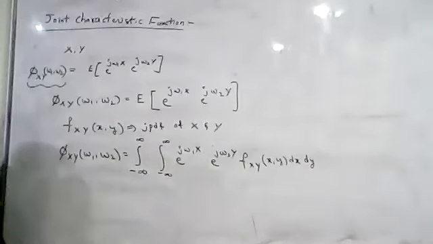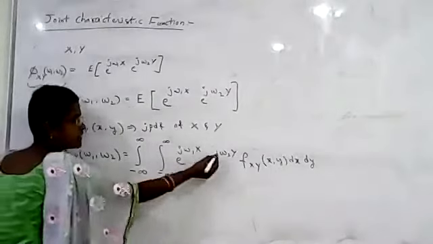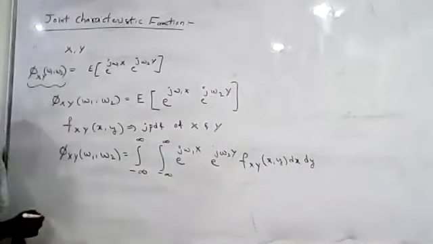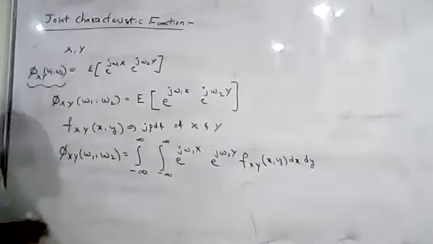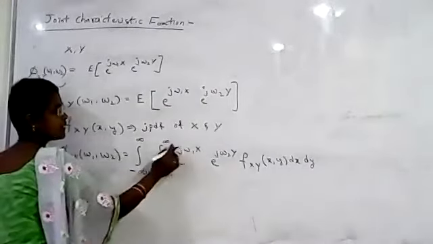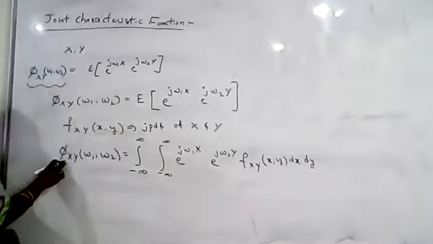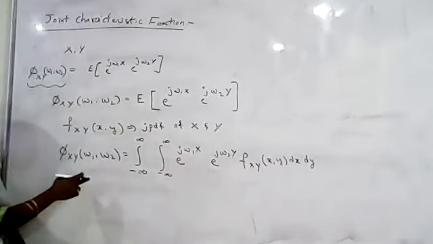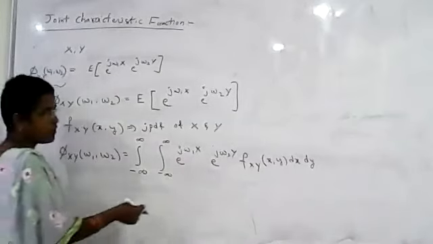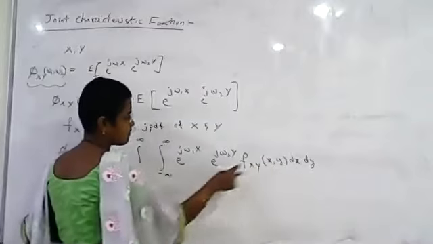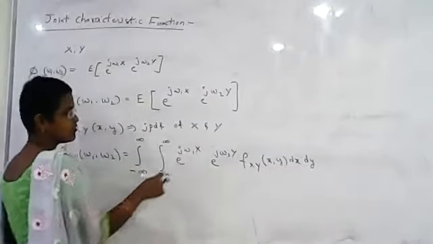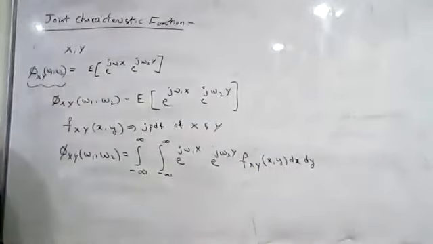Now if you see this function, this is the function of a two-dimensional Fourier transform, only if the signs of omega 1 and omega 2 are reversed. In the Fourier transform we will have a minus here, but in this function we have a plus. So phi xy of omega 1 and omega 2 is the Fourier transform of f xy of x comma y, where the signs of omega 1 and omega 2 should be reversed.